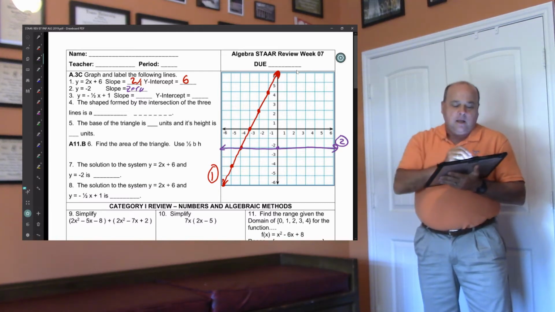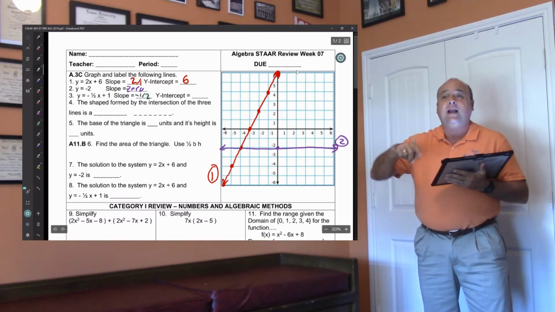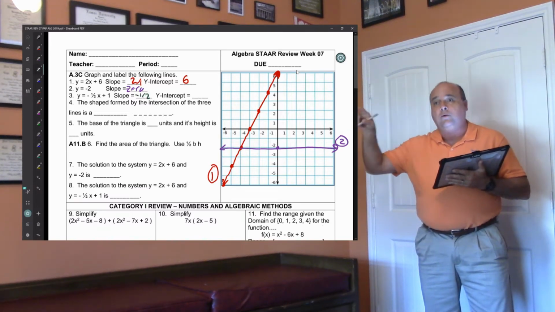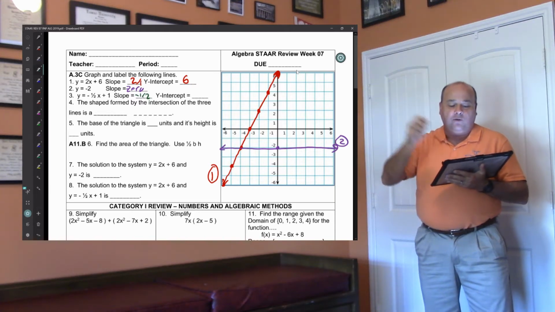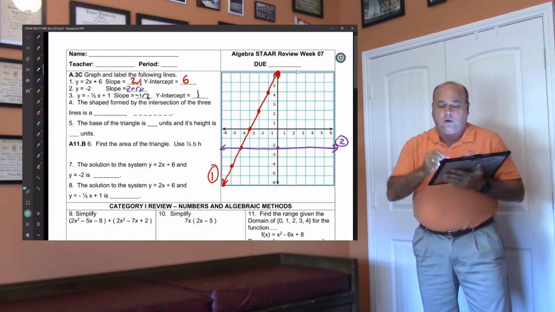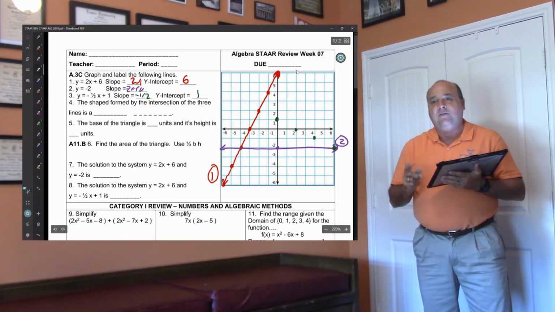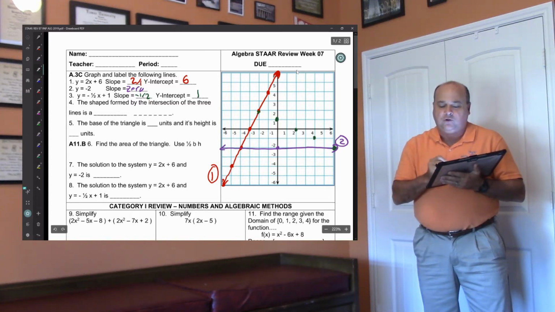Number 3, the slope is going to be negative 1/2. That means my line won't go up. It's going to go down 1, right 2, down 1, right 2, and the y-intercept is 1. So I'm going to start with the starting number, which is 1, and from the 1, I'm going to go down 1, right 2, down 1, right 2, down 1, right 2, and then backwards would be up 1, left 2, up 1, left 2, up 1, left 2.